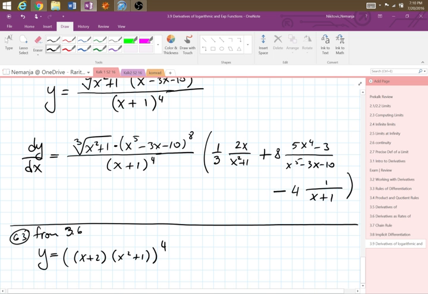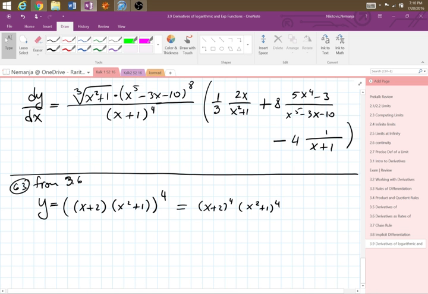But as soon as you realize that this can be written as x plus 2 to the 4th times x squared plus 1 to the 4th, logarithmic differentiation makes a joke out of this. So what is the derivative? Copy the function as is.